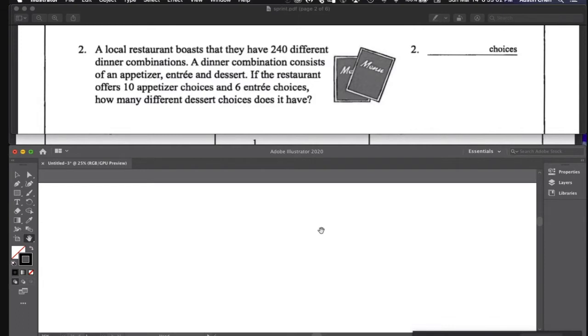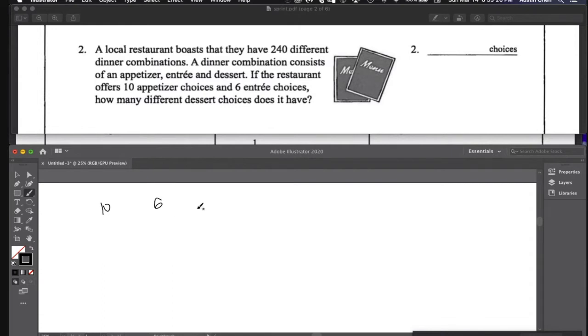Okay, so if you have 10 choices for something, then you're multiplying the total number of combinations by 10. And if you have 6 choices for another different thing, you're also multiplying the total number of combinations by 6.